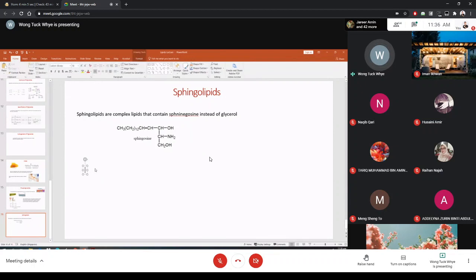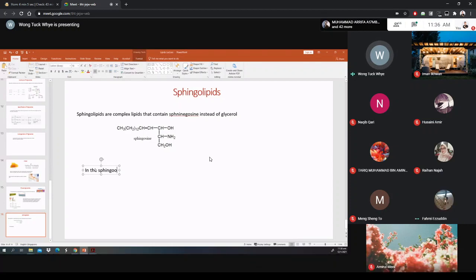I only mention the key information that we need to understand from the sphingolipid. So actually, in certain biosensors, you have sphingomyelins.